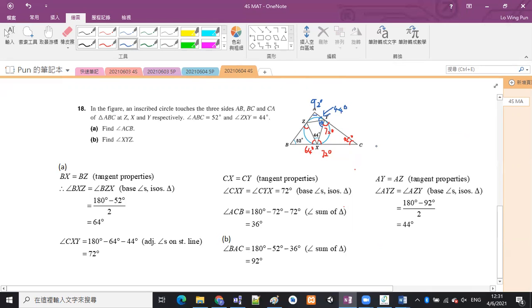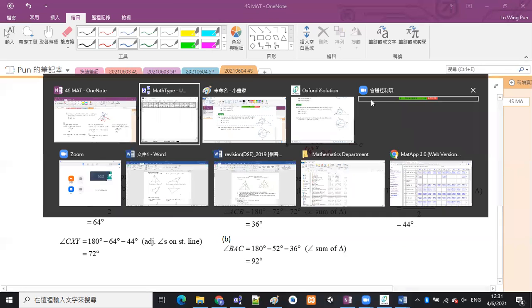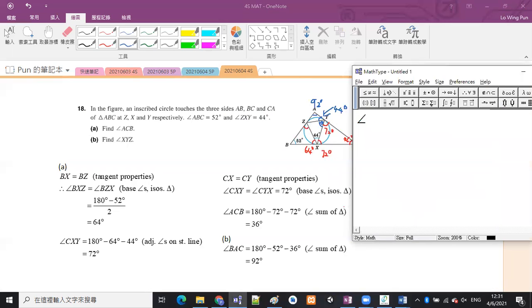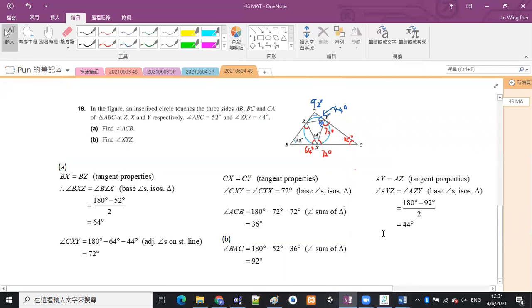Okay, finally, we can find the answer. The angle XYZ should be 180 degrees minus 44 degrees minus 72 degrees. And this is adjacent angles on straight line. Okay, and it should be equal to 64 degrees. So that is the answer.